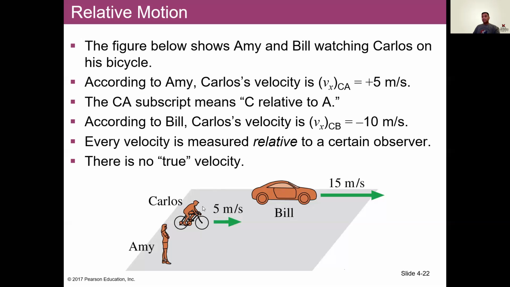And again, there is nothing absolute about it. Is Carlos actually moving to the left, or is Amy actually moving to the left? They are not, but it is a perceived vision. It is this perception that we are trying to describe, and this perception is important, okay?